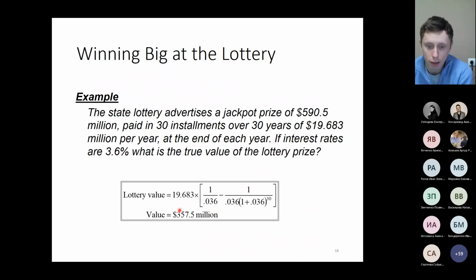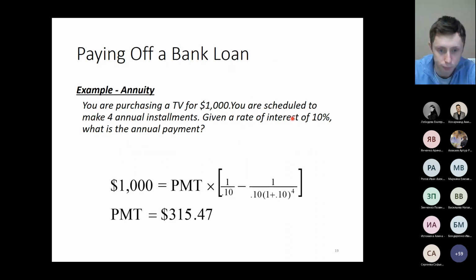If we apply the annuity formula here, the true value of this option would be 357.5 instead of 590. You see that the difference is quite huge, and that is again the idea of the present value of money: instead of receiving all the money now, we receive it over 30 years, the same nominal amount, and that is why the true value of this option is getting lower.